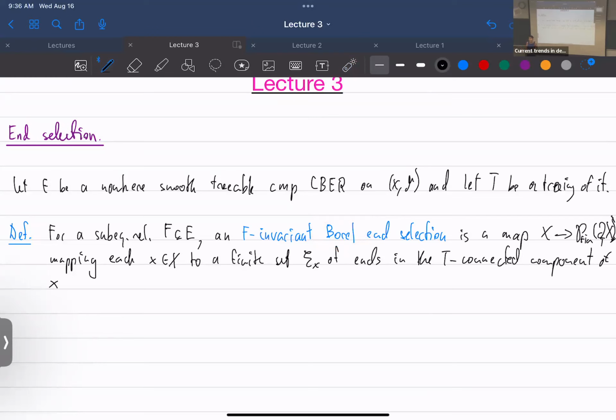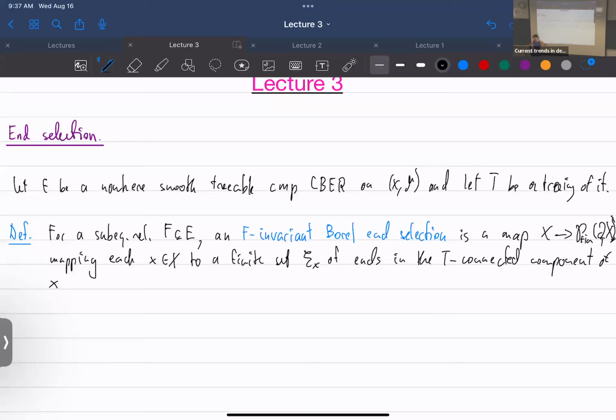However, the space of rays is Borel. It's a Borel subset of X to the natural numbers. It's just sequences of x that satisfy something or other. That's a Borel subset. See, someone was asking where Luzin-Novikov was hidden. Here, Luzin-Novikov was hidden. Okay, so now to make this map Borel, I just say that it lifts to a Borel map on the rays. So in reality, each point chooses finitely many rays.